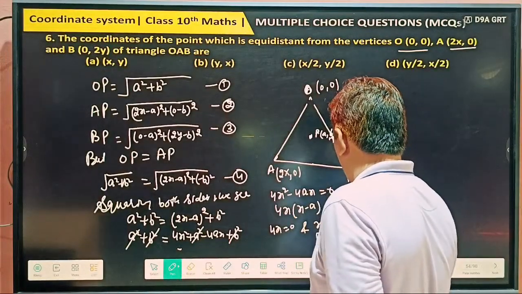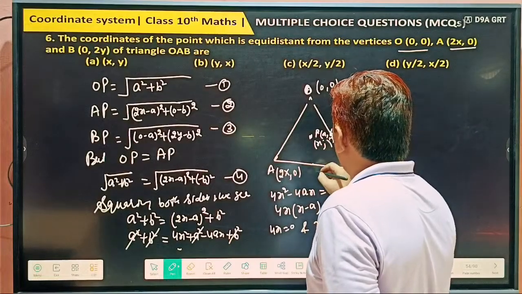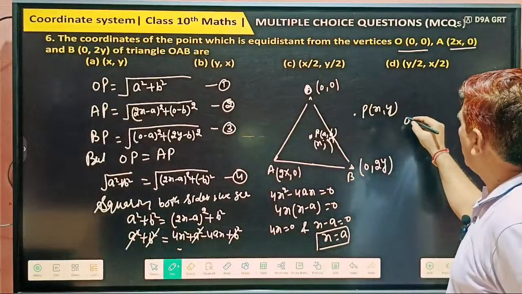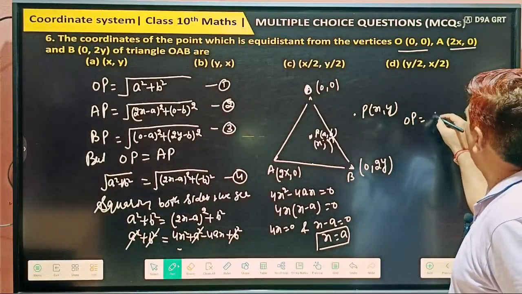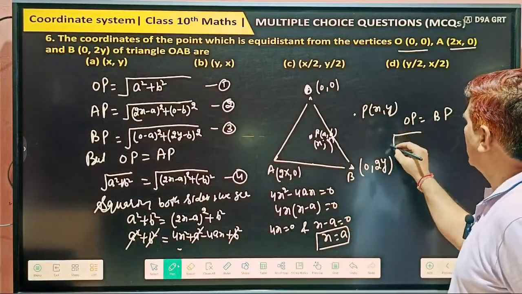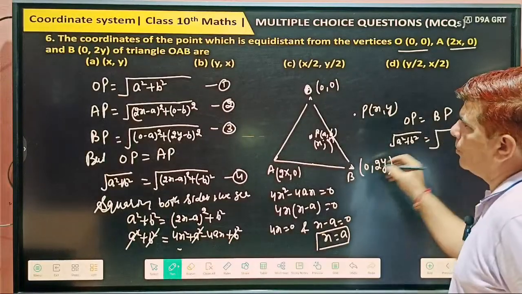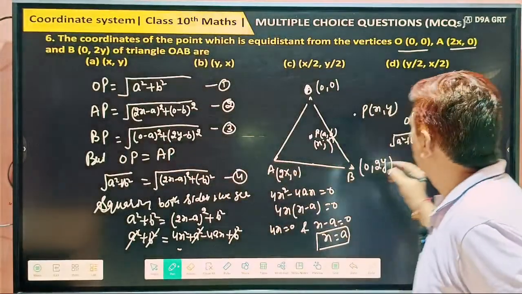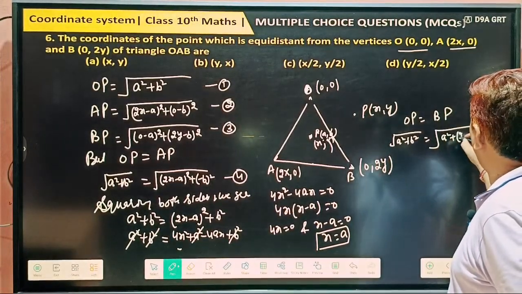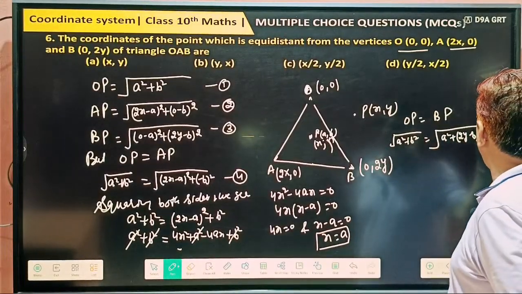So what's the coordinate of this? This is x. And now we have to find out what? Y. So OP equal to BP. Again, A square plus B square equal to under the root BP. BP is A square plus (2y minus B) whole square. This is number 5.